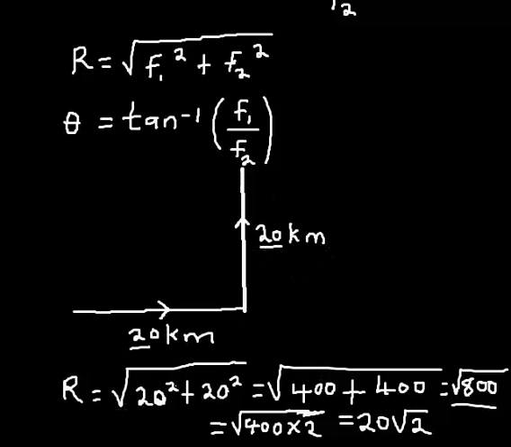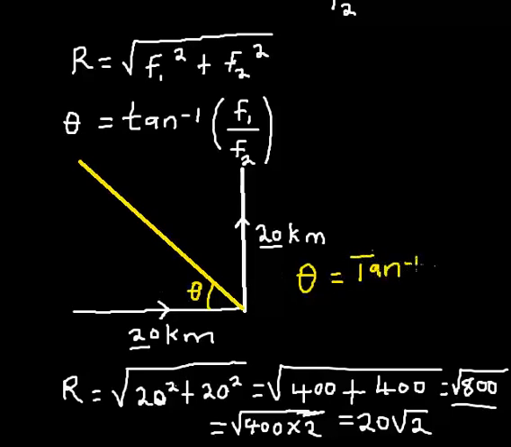But remember, the resultant should also have direction. Why? Because the resultant is a line that cuts in between these two. So the resultant is going to have the direction theta. How do I get that theta? That direction theta, this angle here, is going to be tan inverse of F1, which is 20, all over F2, which is also 20.